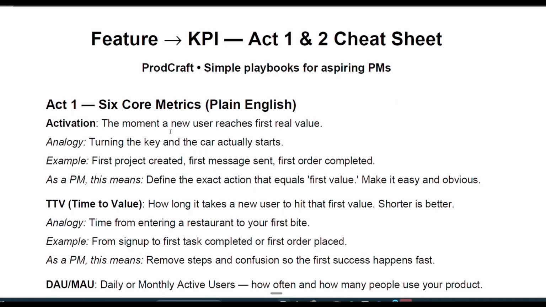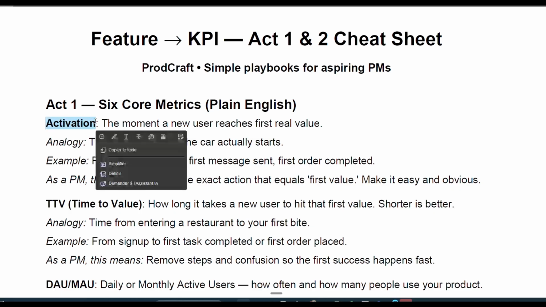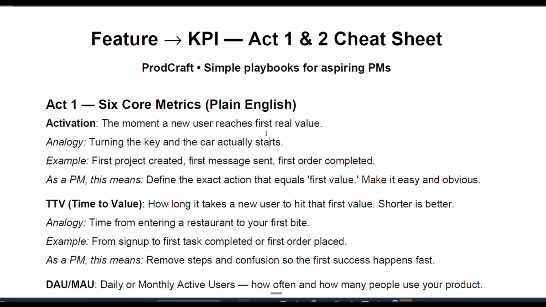Okay, so as you see here, I talked about these six key metrics, and this will be the part of Act 1. The first metric, which is actually the most common one which we track, is activation. What is activation? It is basically defined as the moment a new user reaches the first real value.